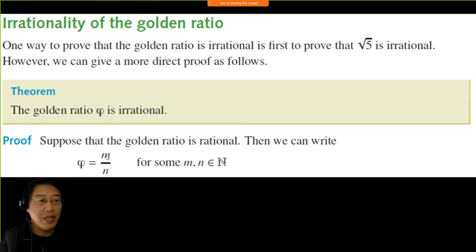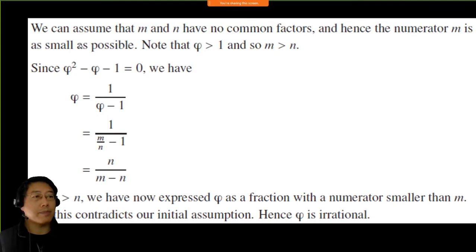So we can say phi is m over n, and the numerator and denominator are natural numbers, because it's a positive number, so we just use whole numbers, not integers. We assume that m and n have no common factor, meaning this is the simplest form of the fraction, hence the numerator m is as small as possible. You know that phi is greater than 1, so we can conclude m is greater than 1.